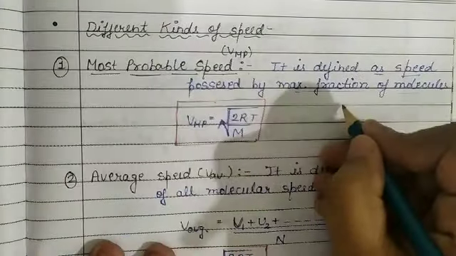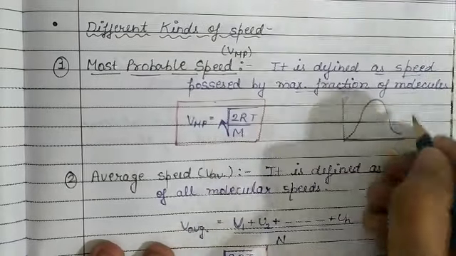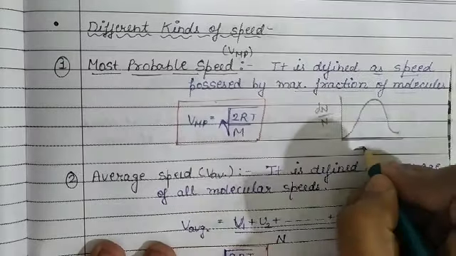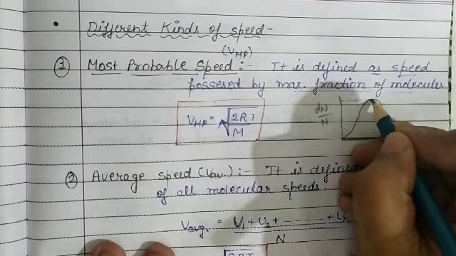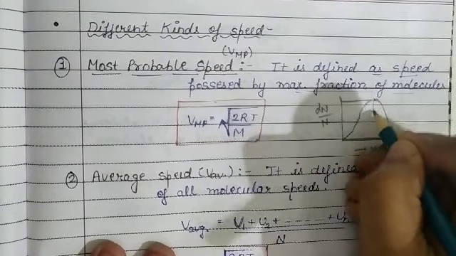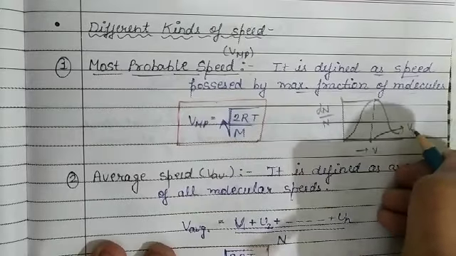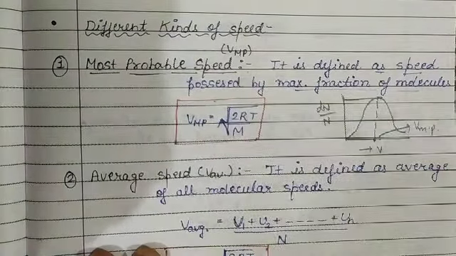If a graph is given between fraction of molecules dn by n versus molecular speed, this peak corresponds to the maximum fraction of molecules, so the speed corresponding to this point is called the most probable speed.